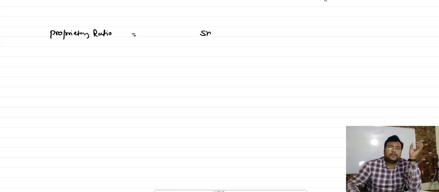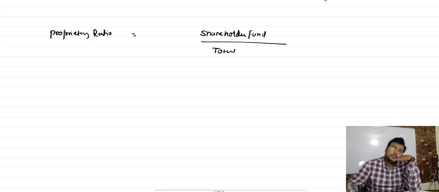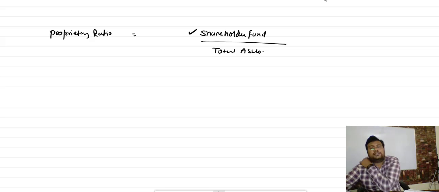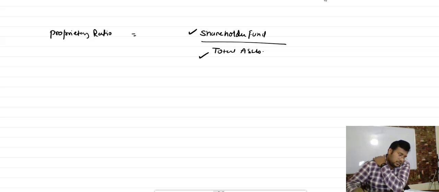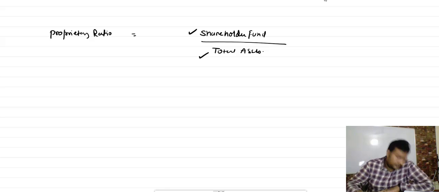Shareholder fund divided by total assets. We know how to calculate the shareholder fund and how to calculate the total assets. So we will solve a very simple question and it will be over.